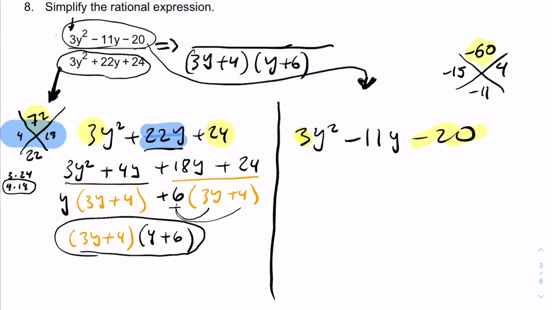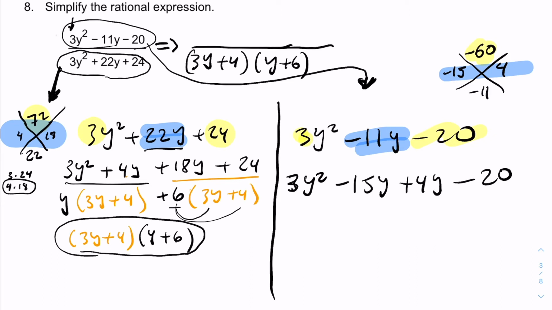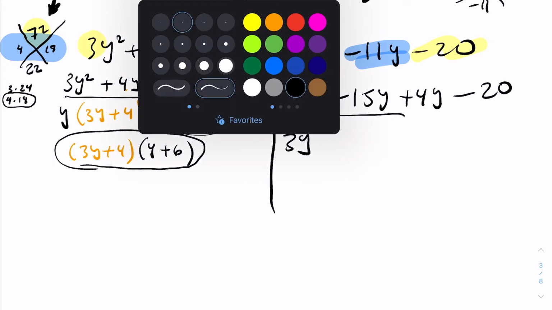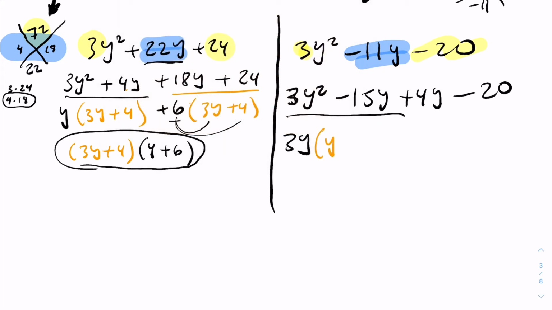We're going to use those two numbers to replace that guy right there. So I've got the 3y squared, and then I'm going to replace the blue with the blue, so negative 15y plus 4y, and then write down this yellow minus 20. Now we're going to group. Looks like 3y is in common, so what you have left is y minus 5.